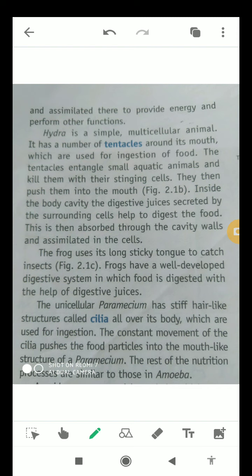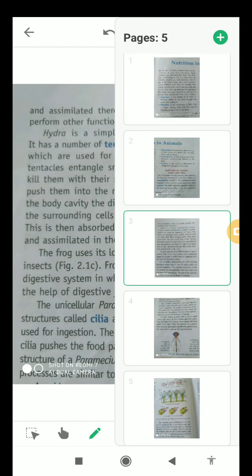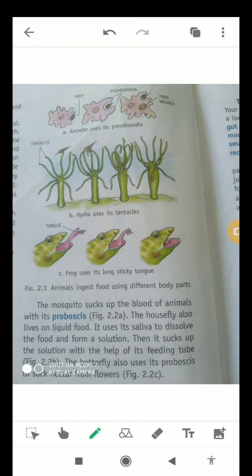As I told you, in the amoeba, the food is engulfed by the false feet, known as pseudopodia, and from there on, with the help of digestive juices, it is digested in the body.